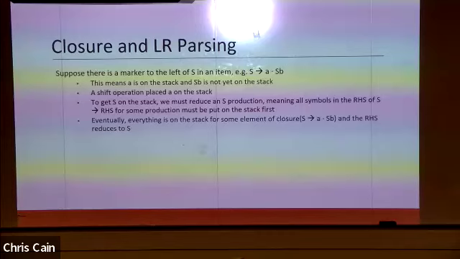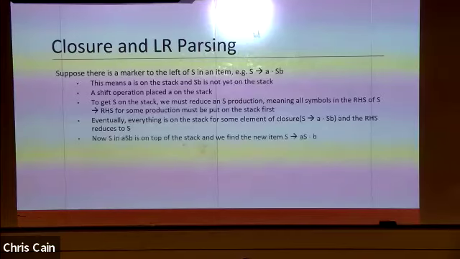Eventually, everything is going to be on the stack for some element of its closure. So as long as we're seeing something as a shift that is an element of some element of its closure, then we can move that production forward, saying we've seen what we need for that.